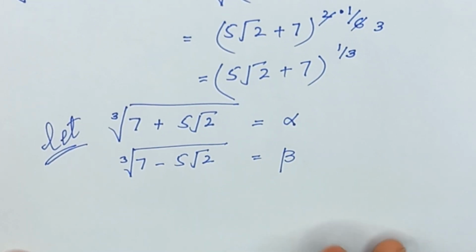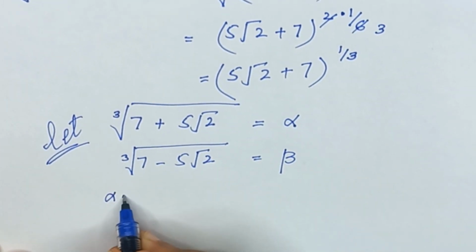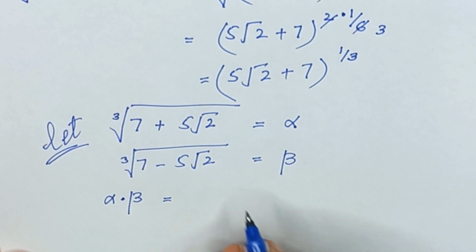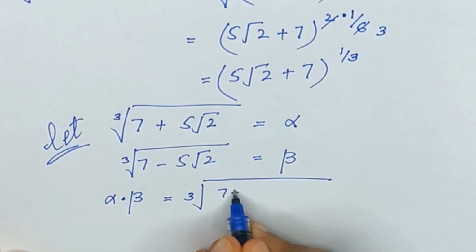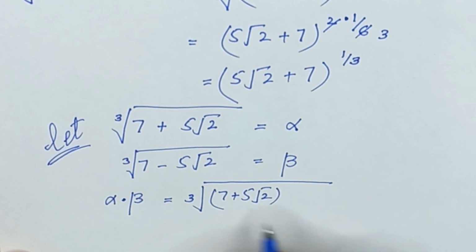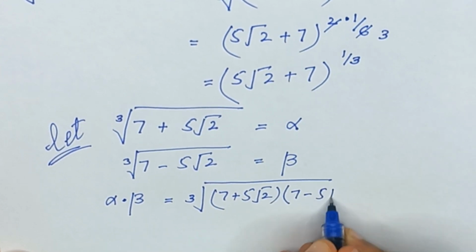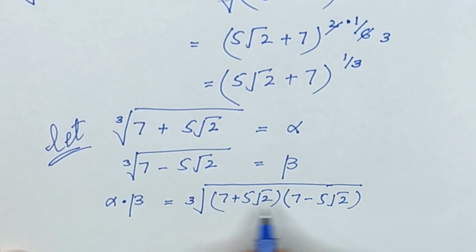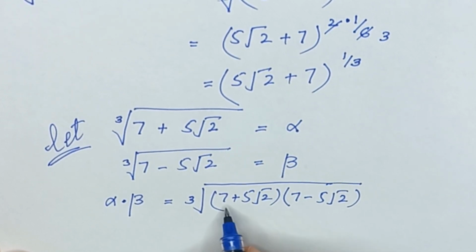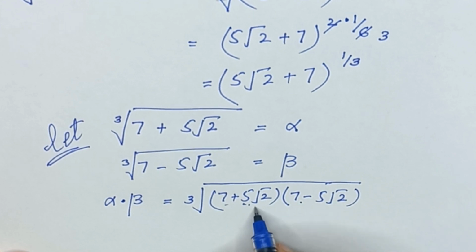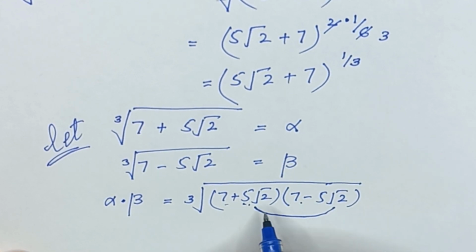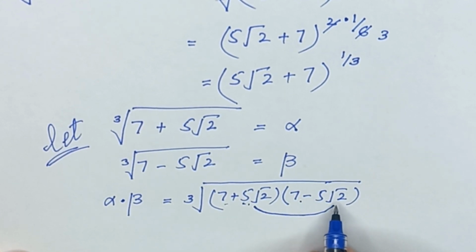Okay, so it will give us alpha times beta equal to, since we have a common cube root, 7 plus 5 square root of 2 times 7 minus 5 square root of 2. When I multiply these two terms, it will give us 49, minus 35 square root of 2 and positive 35 square root of 2. So the negative and positive 35 square root of 2 will cancel out and it will give us 25 times 2.